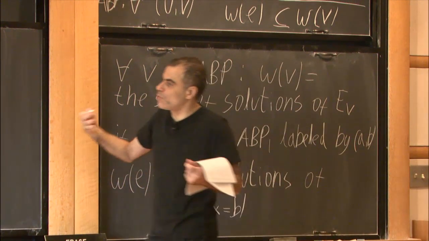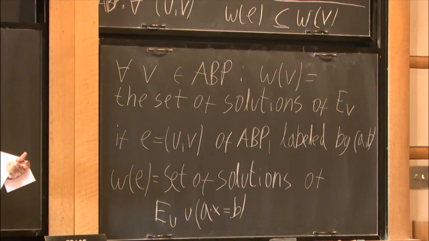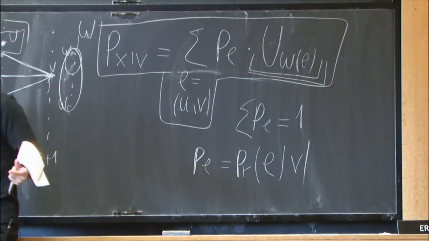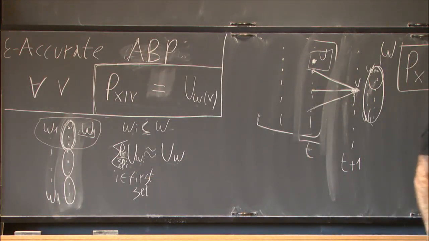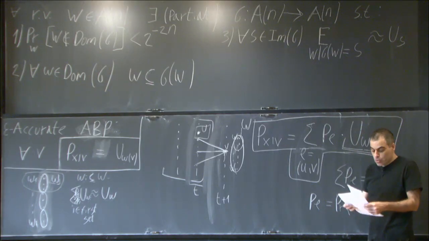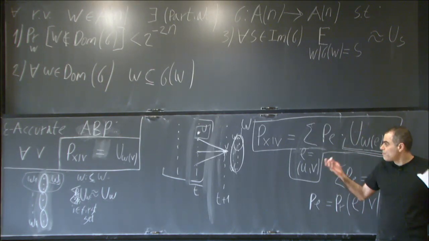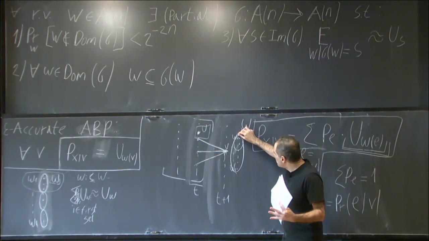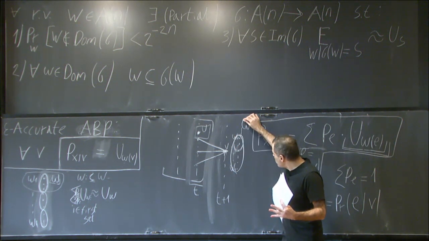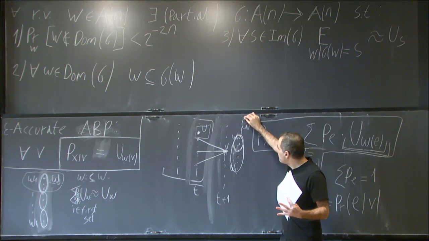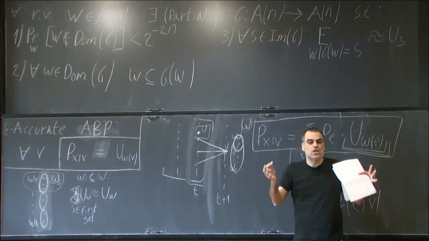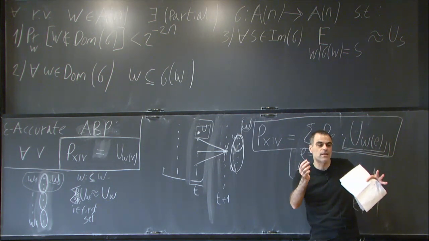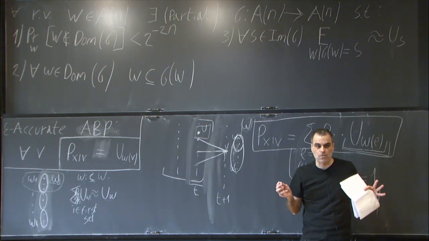So if you go from Wi to W, it's fine because W contains Wi. So it still remains an affine branching program. And second, when you replace the weighted sum by UW, you didn't change the distribution by much. So you added an error, but a relatively small error.